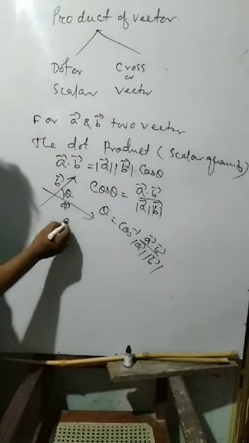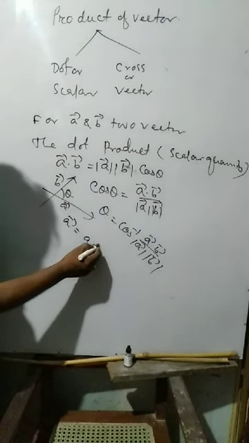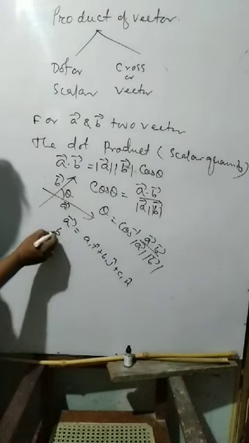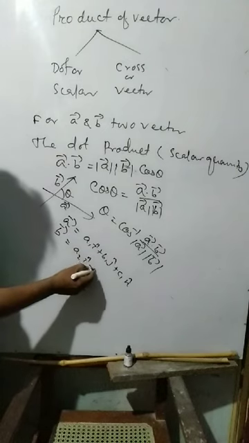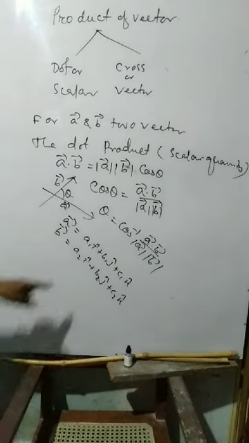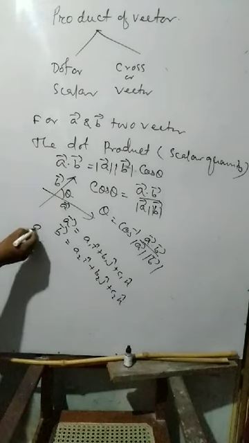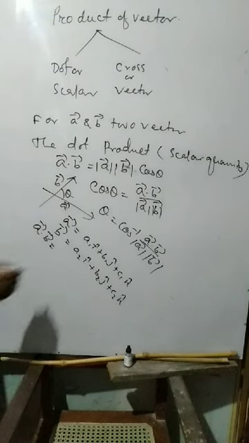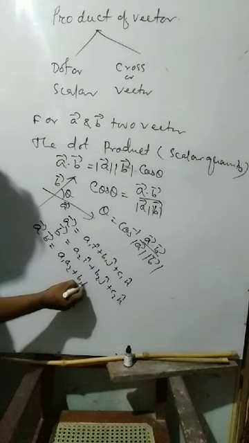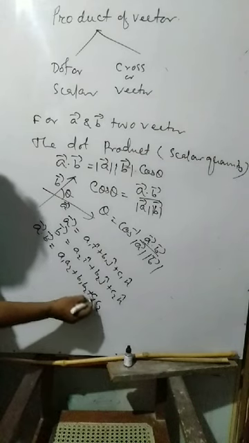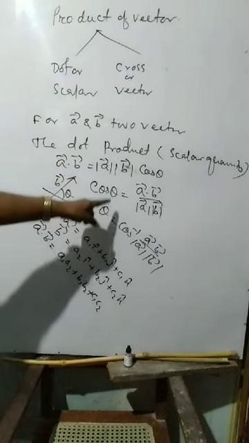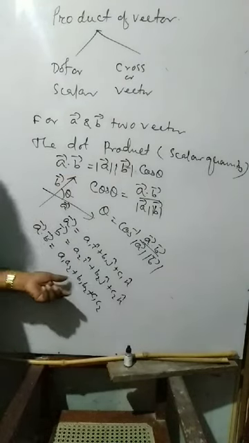In another way, if A vector equals A1 i cap plus B1 j cap plus C1 k cap, and B vector equals A2 i cap plus B2 j cap plus C2 k cap, then A dot B equals A1 A2 plus B1 B2 plus C1 C2. Simply, this is the dot product. If the angle is given, then you apply the earlier formula. If the angle is not given, then you simply apply this type of formula.